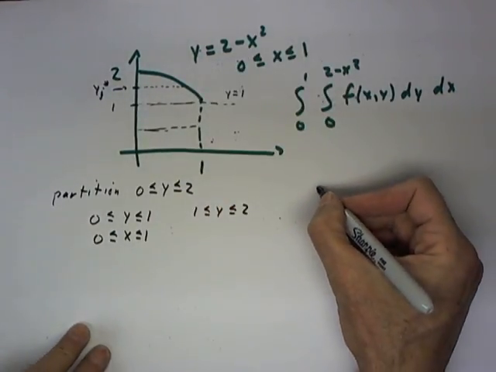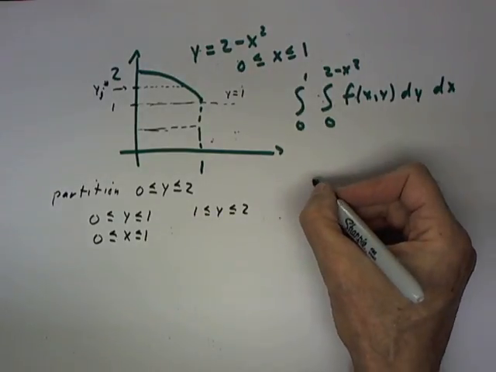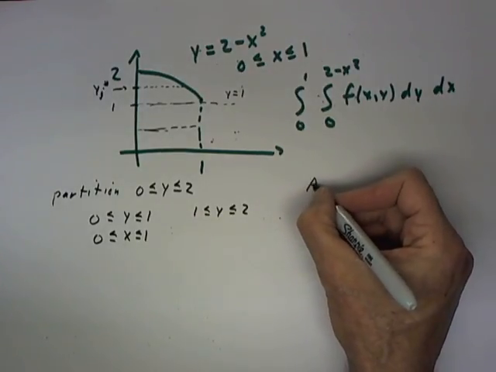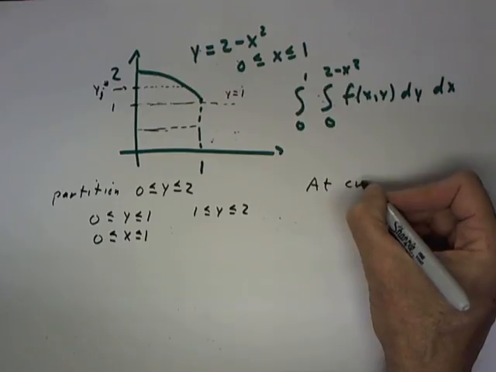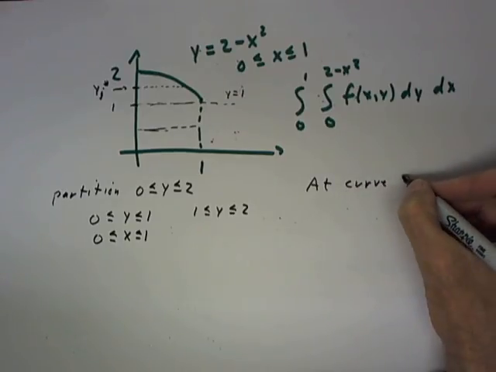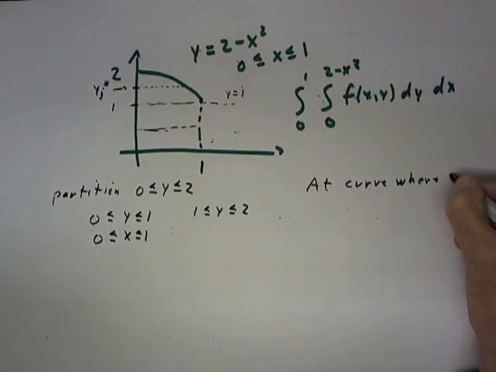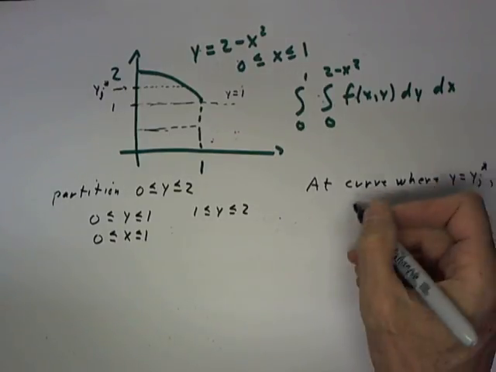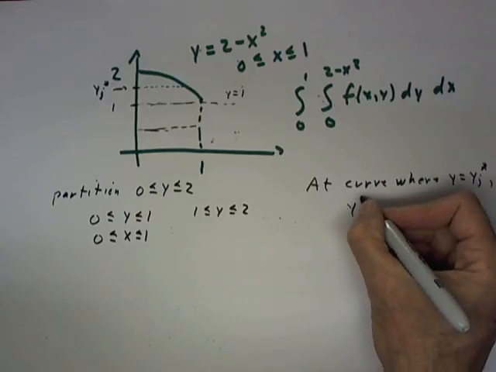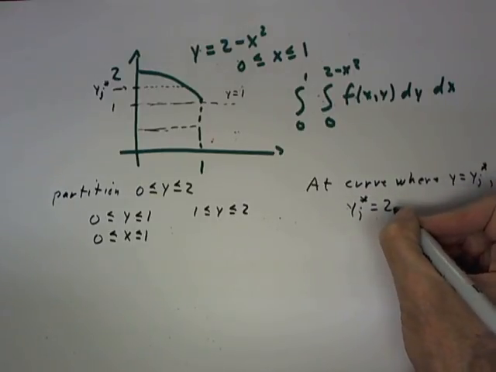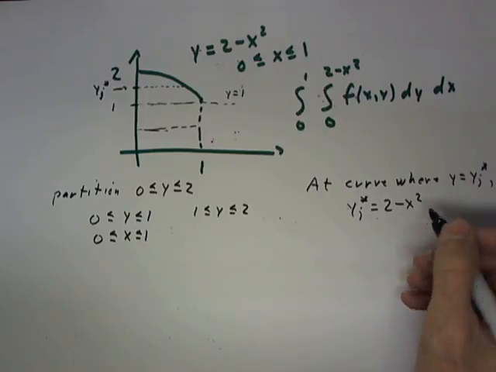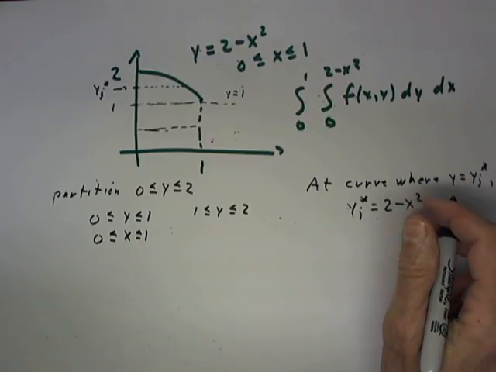Now let's write that down. At the curve, where y equals yj star, we have yj star equals 2 minus x squared, and we have to solve that for x.